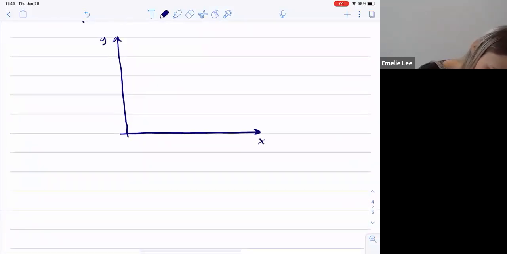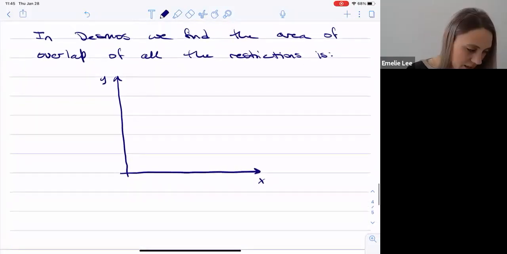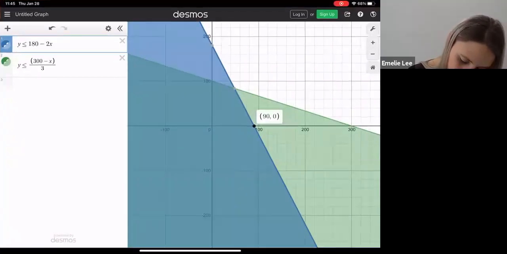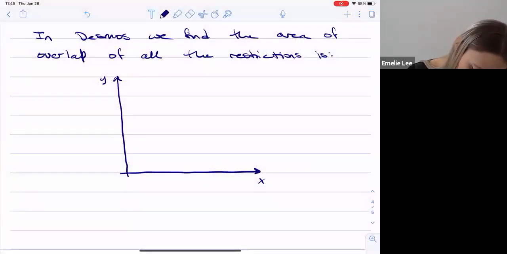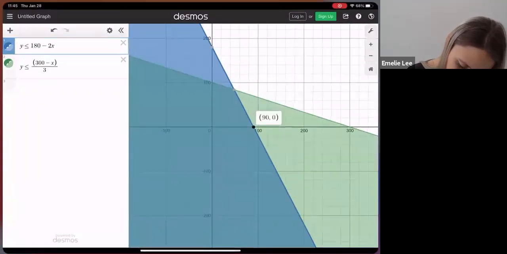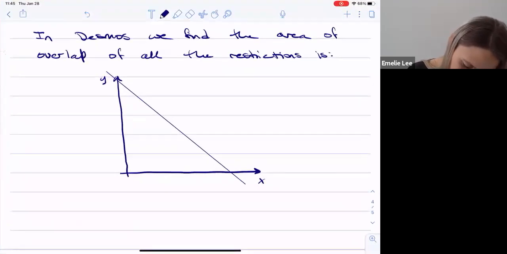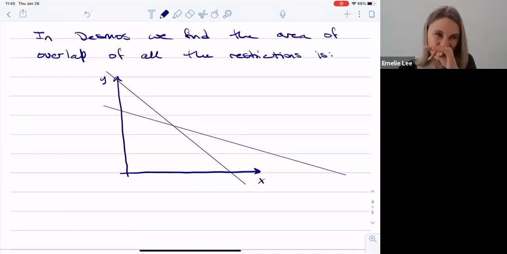So I've got my x, y here. And what did it look like? I've got a line like this. Got a line like this, maybe. And a line going further out. Like that, maybe.